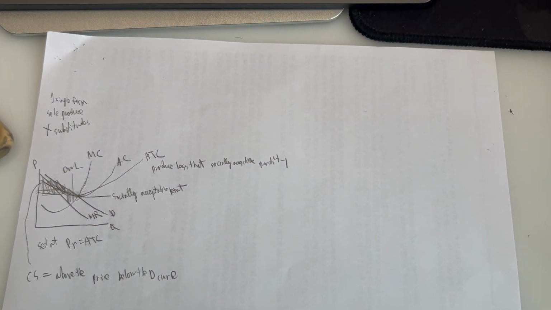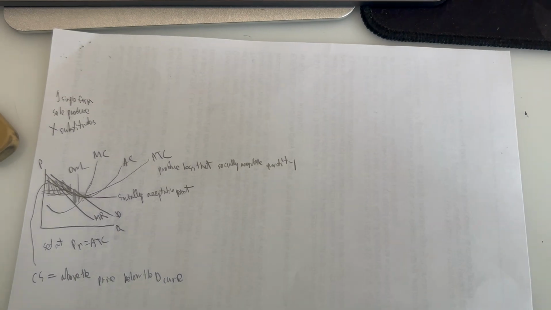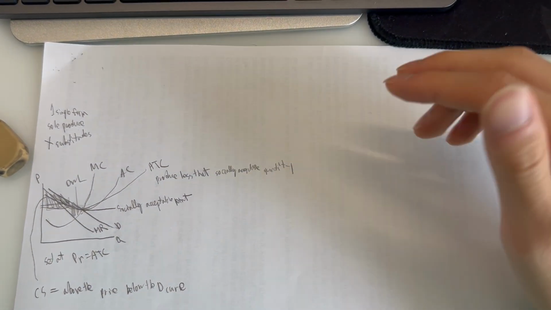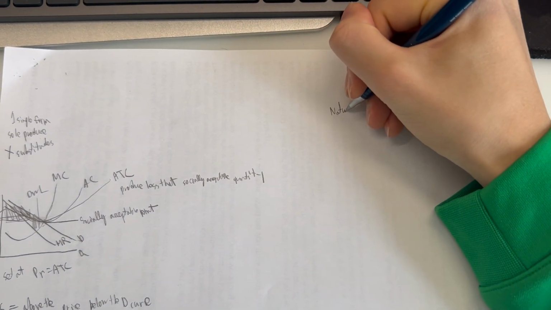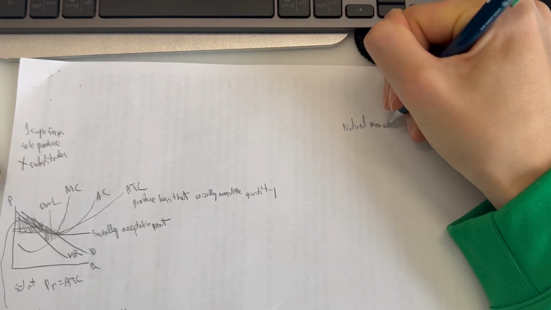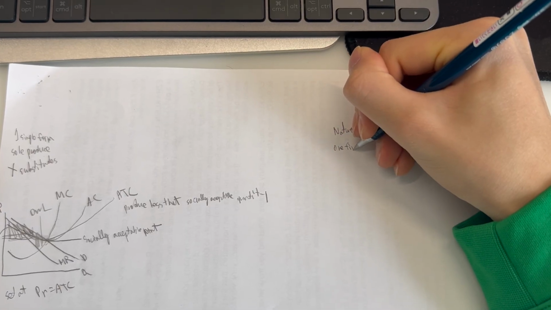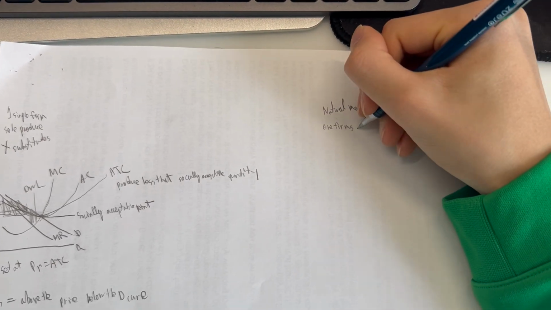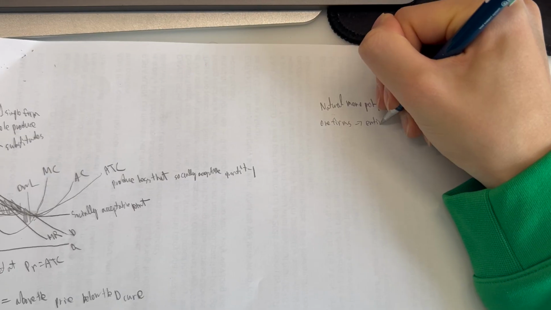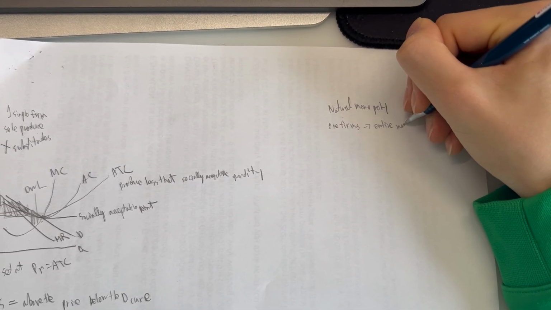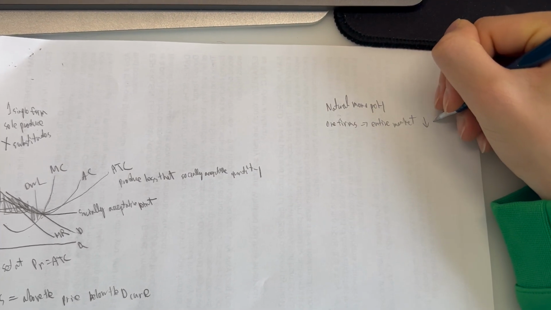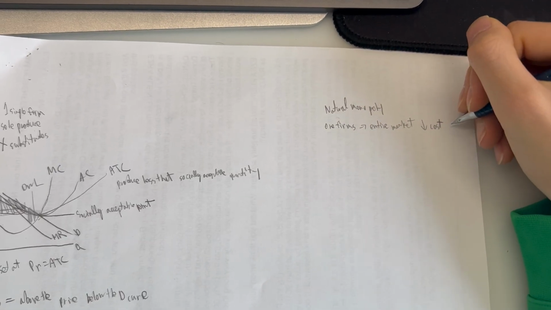And next question, which is what exactly is a natural monopoly? So a natural monopoly is when one firm can supply the entire market at a lower cost than multiple firms.